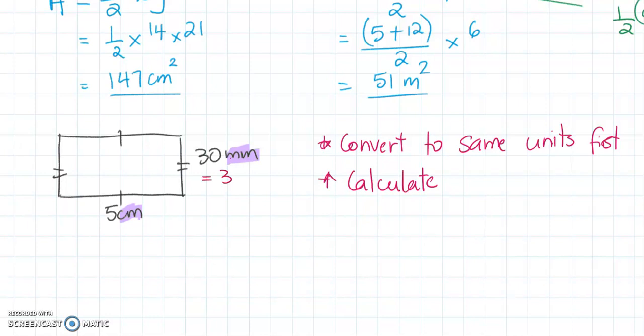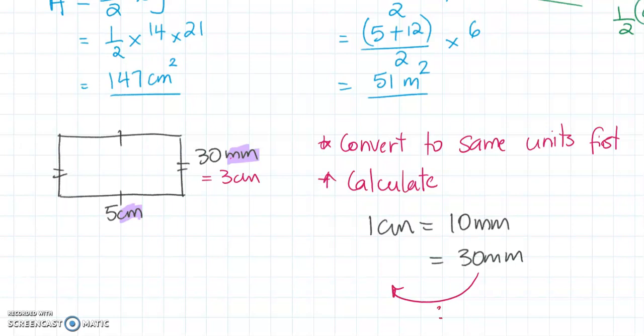We know that 1 centimeter is equal to 10 millimeters. So if I have 30 millimeters, all I need to do is divide by 10, and I get 3 centimeters. Now I have both of them in the same unit.